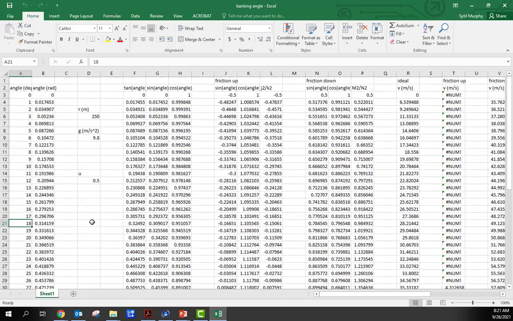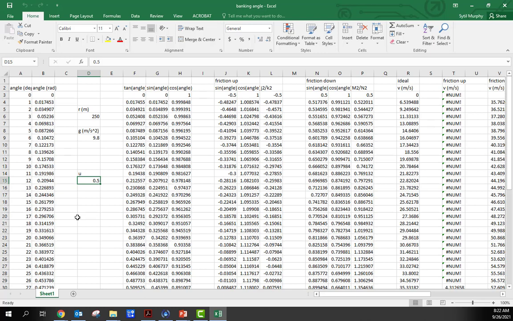The first thing I do is I define some angles in degrees, and then I change them to radians because remember, Excel doesn't like degrees. It just doesn't.